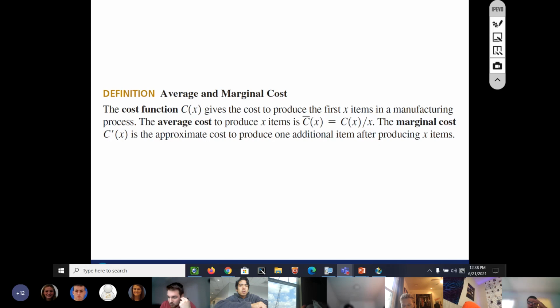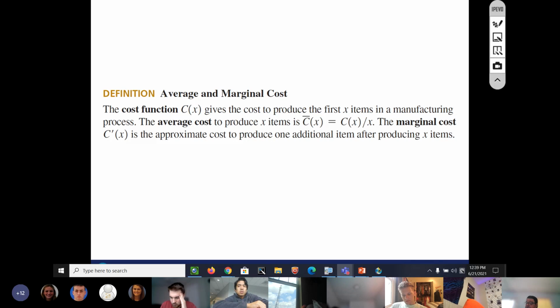So if you're talking about marginal cost, the cost function, this is the cost, and this is the units. So if you make 5,000 units, it's going to cost, plug that in. You need to graph that. This is your function. Then the average cost, you're going to divide 0.2x plus 1900 by x.